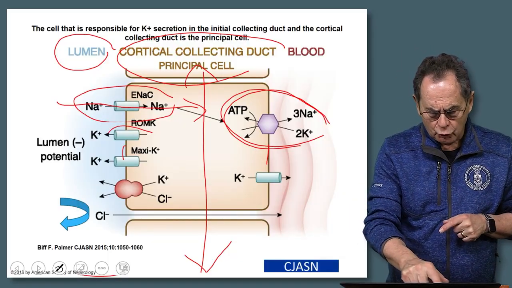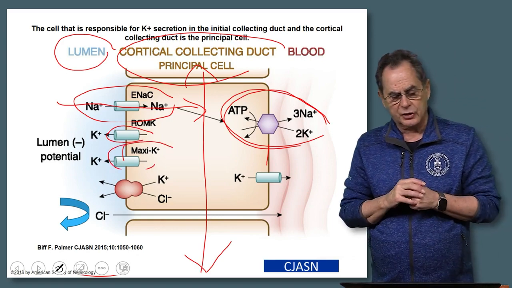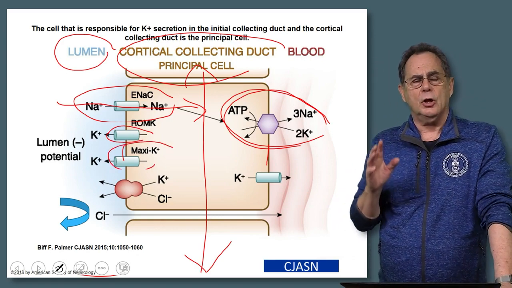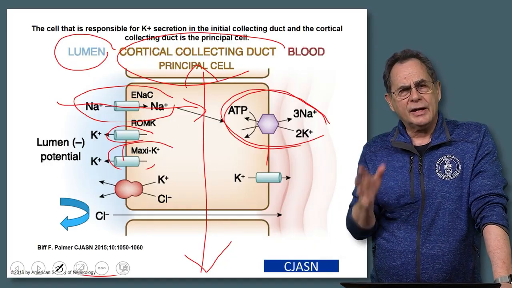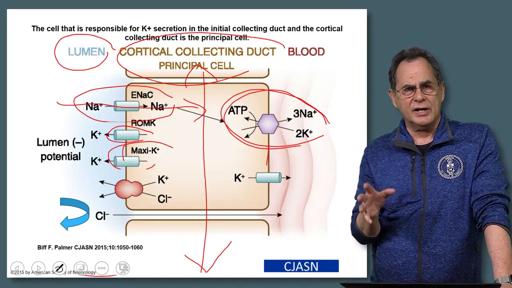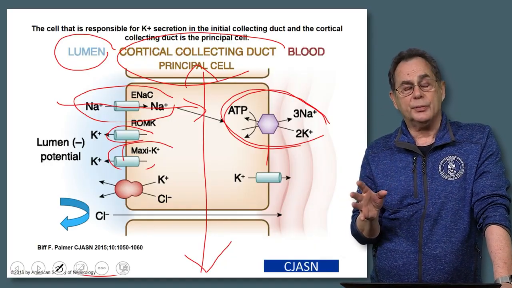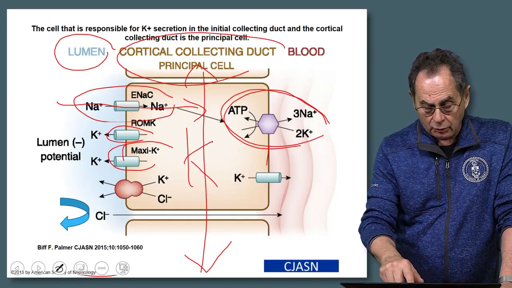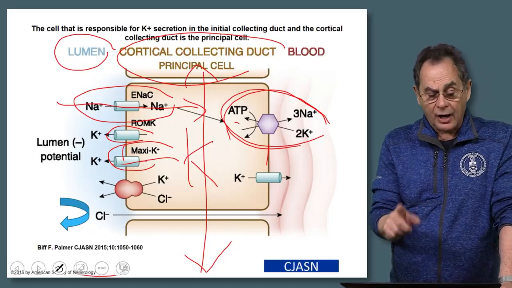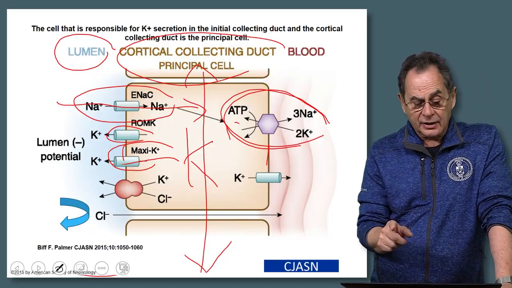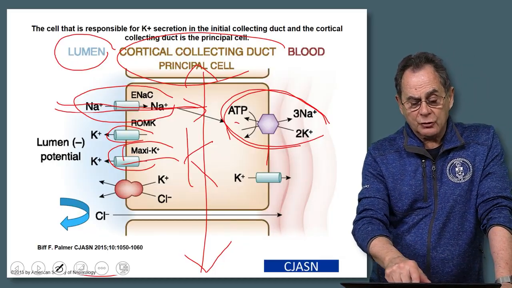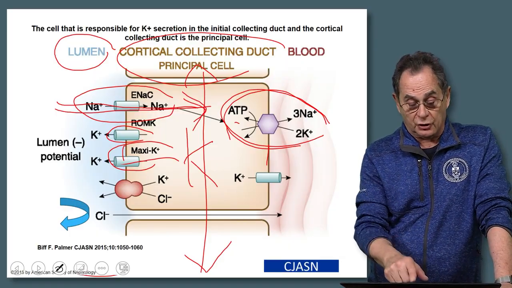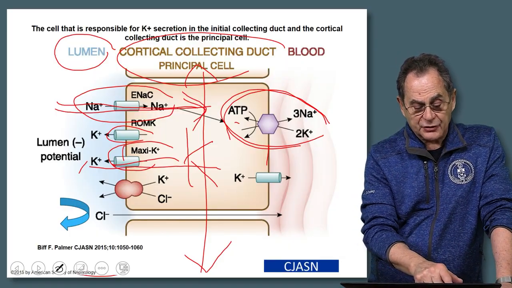And here's these luminal potassium channels that allow potassium to move primarily on the basis of concentration, also electrical gradients, from the inside of the cell to the outside. So now we have in place a mechanism in which sodium entry goes down a concentration gradient and potassium exits.